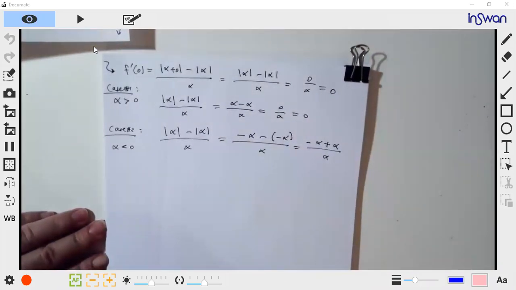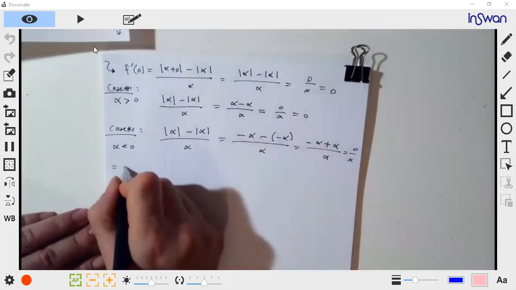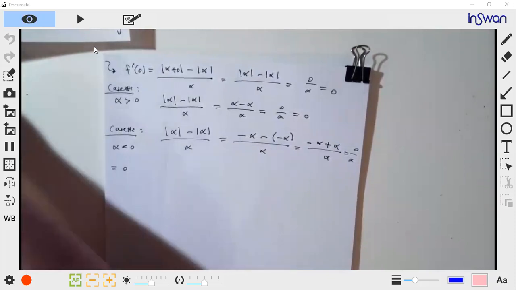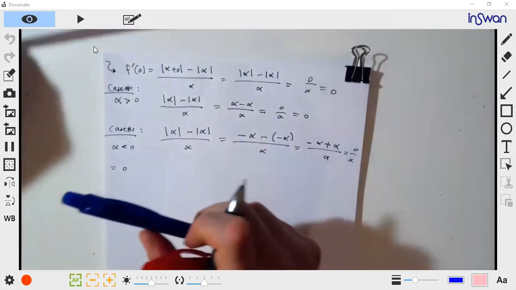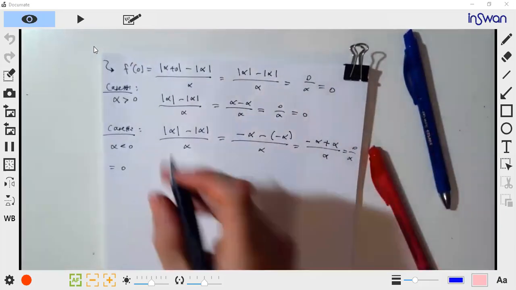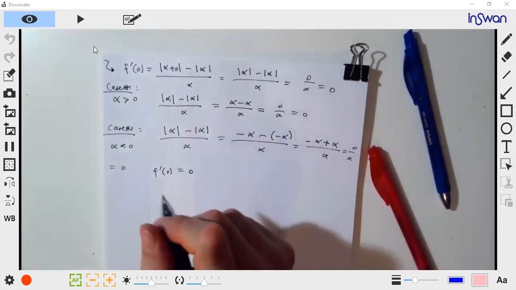All right. But then again, this equals 0 over alpha, which equals 0. So what's going on? In both cases, it equals 0. So should it not be differentiable? It seems like a derivative exists. It seems like f prime of 0 exists and f prime of 0 is equal to 0.